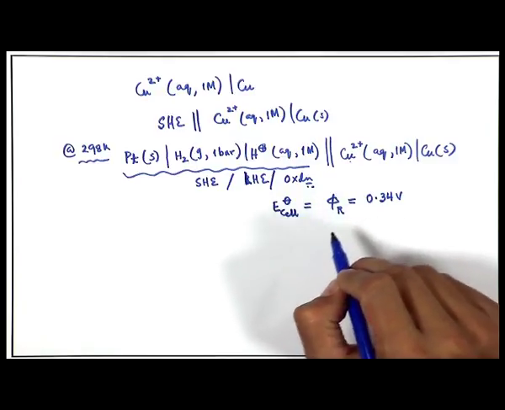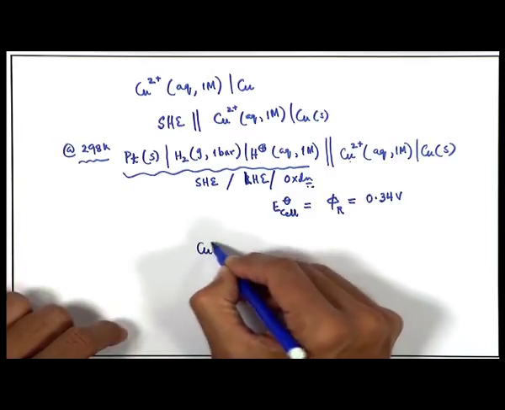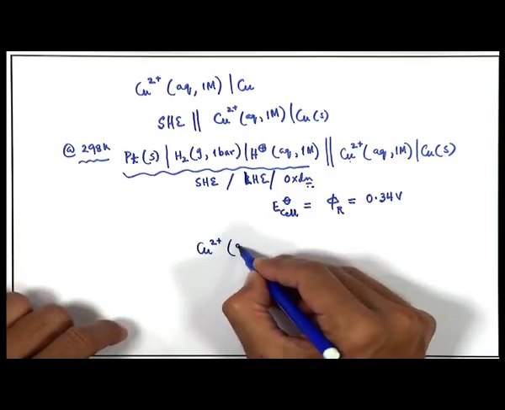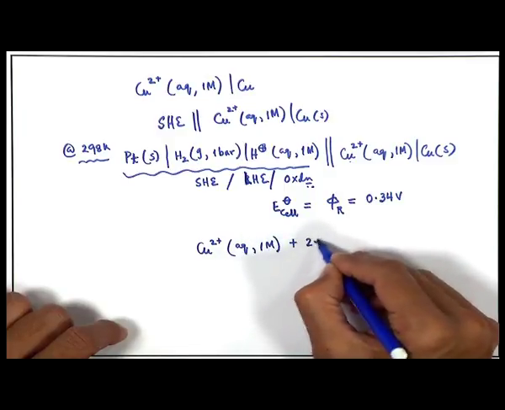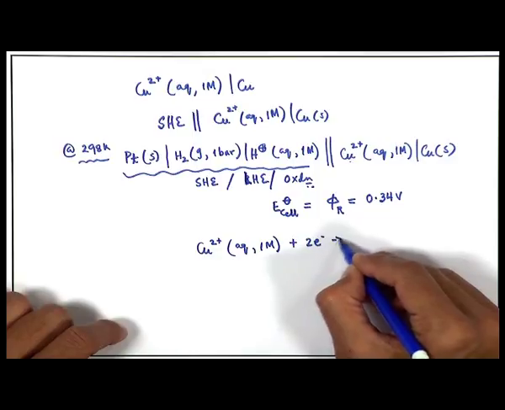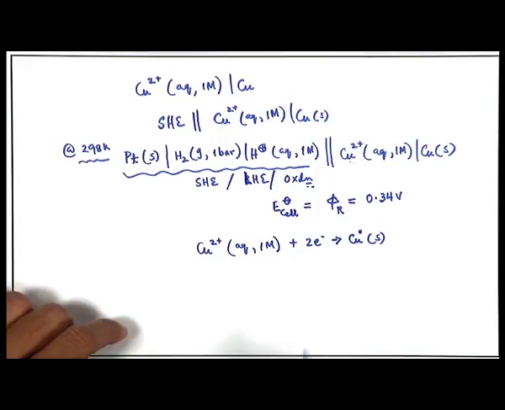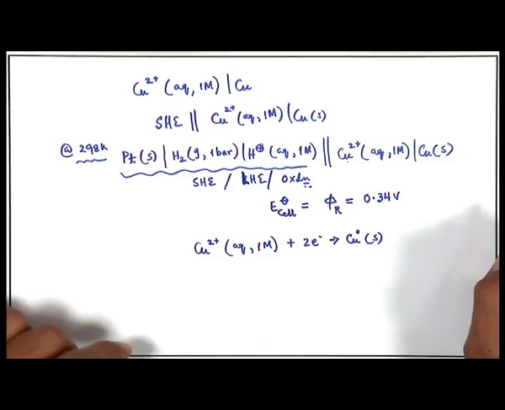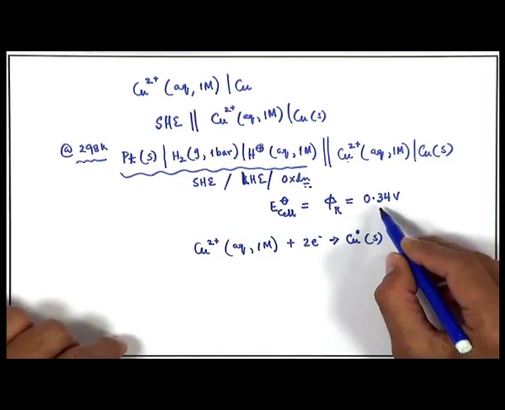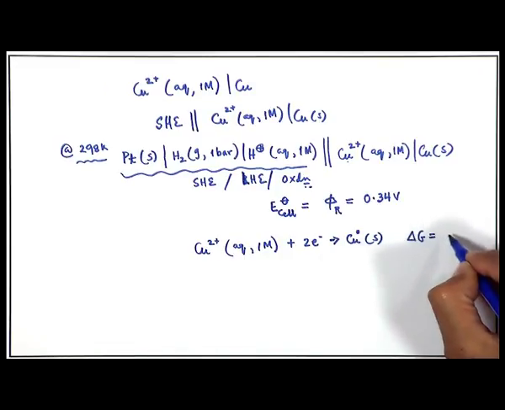So, this particular reaction, that is Cu2+ 1 M plus 2 electrons, that gets you Cu0 solid, has this much volt. If you want to express this in terms of delta G, then delta G will be equal to minus nFE.